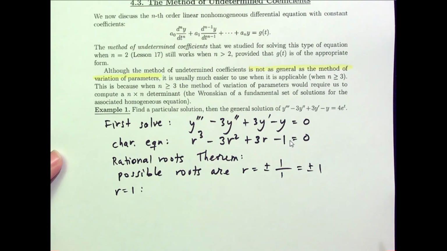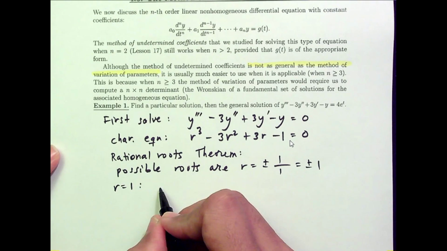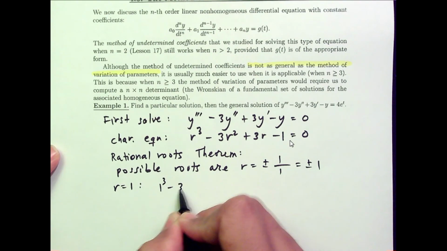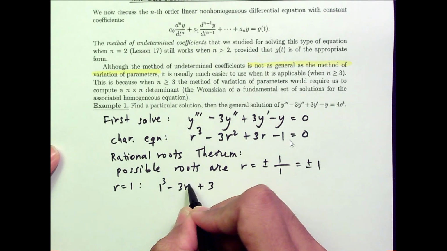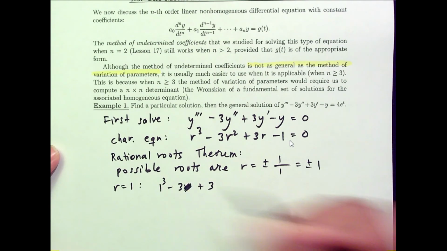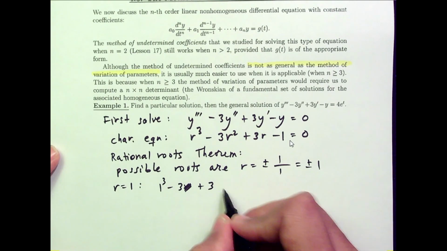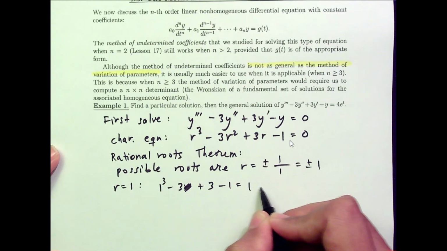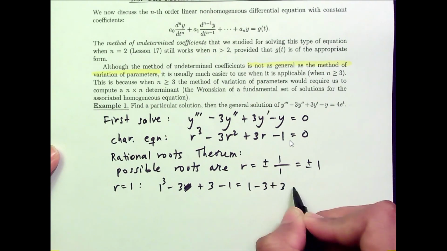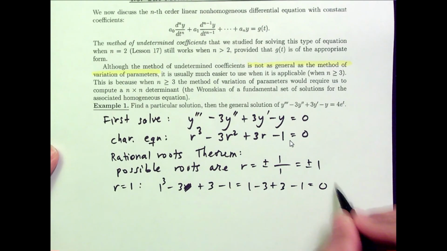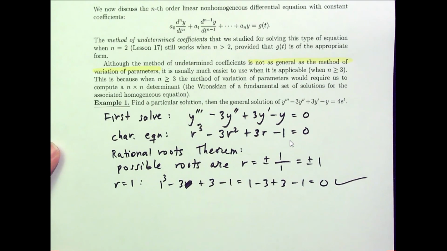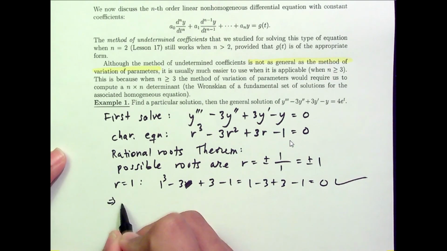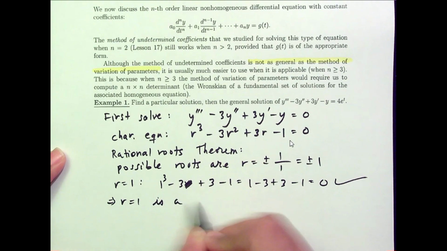Substituting r equals 1: 1 cubed minus 3 plus 3 minus 1, which is 1 minus 3 plus 3 minus 1, which is 0 indeed. That means r equals 1 is a root.